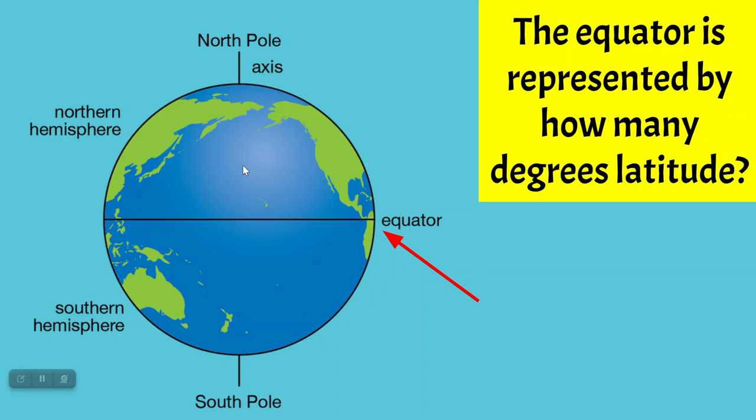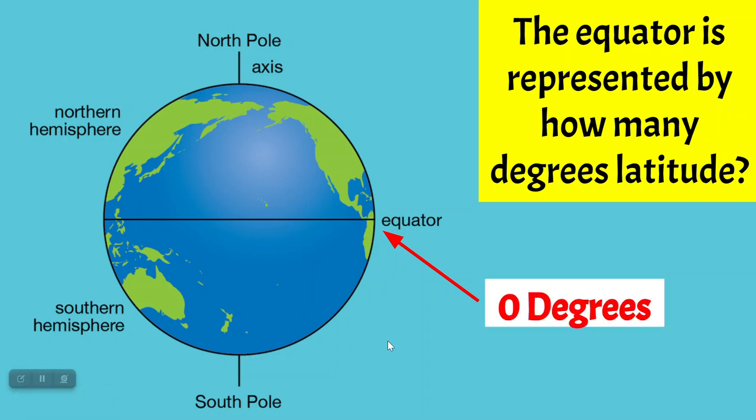But instead of having positive numbers in one direction and negative numbers in the other, we have maybe 10 degrees north, 30 degrees north, 80 degrees north, 90 degrees north. Or we can do the same thing but going south. So we can have 25 degrees south and 75 degrees south, and 90 degrees south is going to get you to that pole. The equator is always at 0 degrees because that's your starting point.